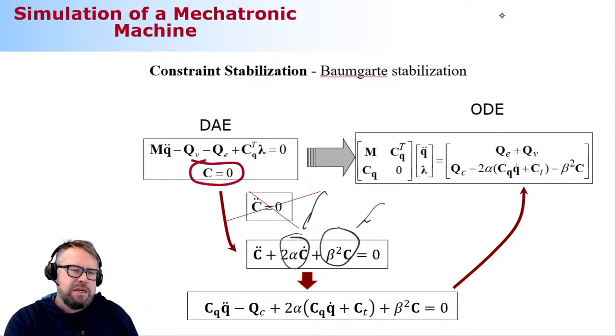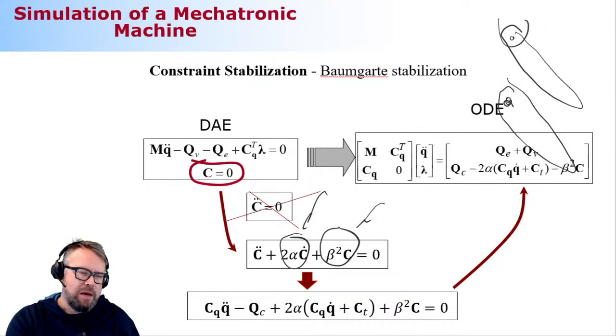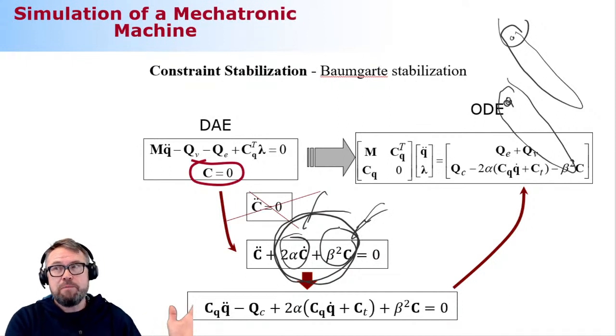Let me explain it in a way that you have a pendulum here, okay? You integrate the pendulum in the first time step, and the pendulum ends up here, which is clearly a violation of the constraint. So these two pulleys come into play. One pulley is called a spring, another pulley is called a damper.